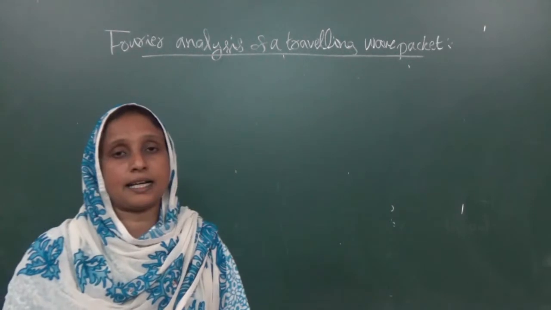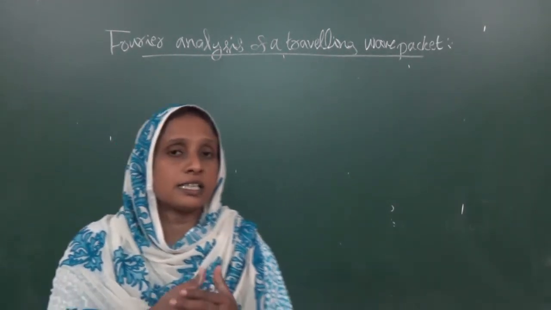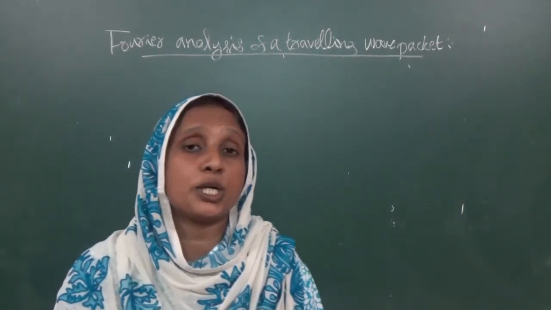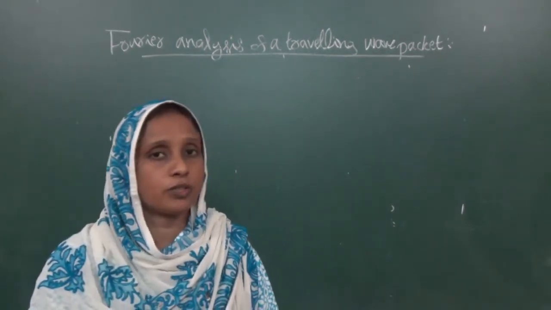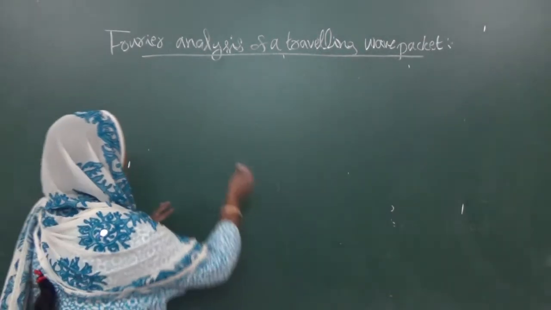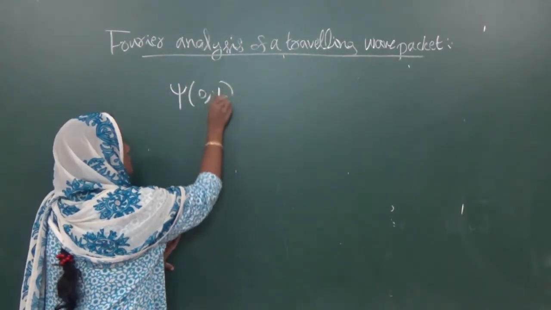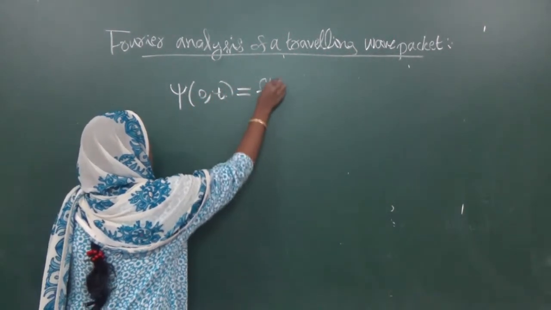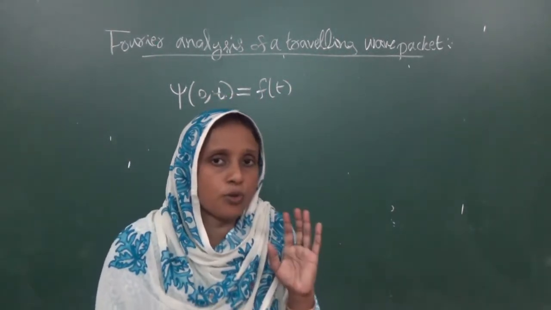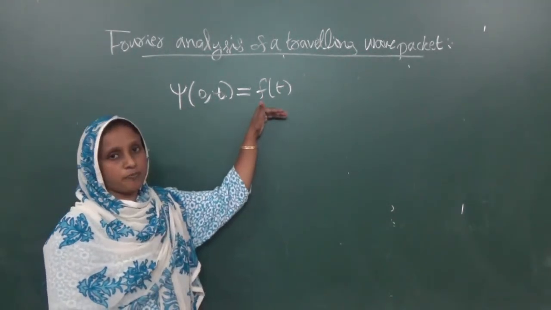So, in this context, the wave produced by the transmitter is a traveling wave which propagates through a homogeneous and continuous medium. Now suppose at z equal to 0, the wave is represented by ψ(0,t) equal to f(t). That means initially at z equal to 0, the amplitude of the wave is represented by f(t).